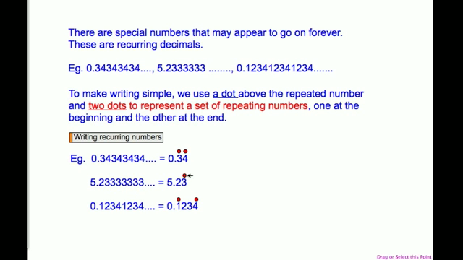We put a dot above 3. And in the last example, 1, 2, 3, 4 is repeated. Therefore, we put a dot on top of 1 at the beginning of the repeating sequence and on 4 at the end of the repeating sequence. Notice that the maximum number of dots is only 2.